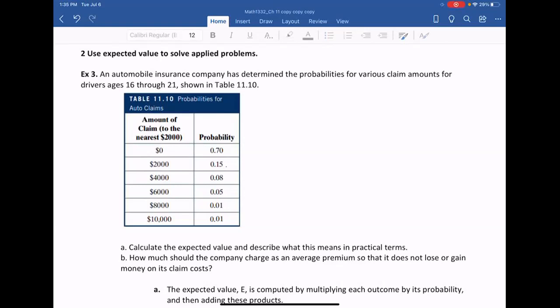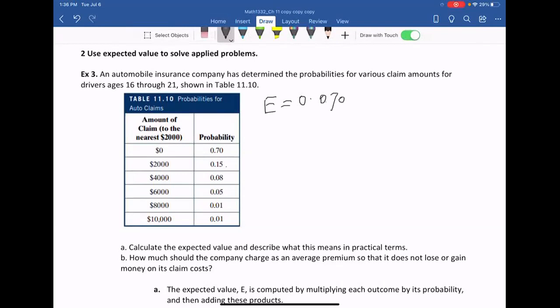So the first question is calculate the expected value and describe what this means in practical terms. That means we need to find the expected value. Since it is already listed for us, we just use the outcome times its probability and add all the products together.